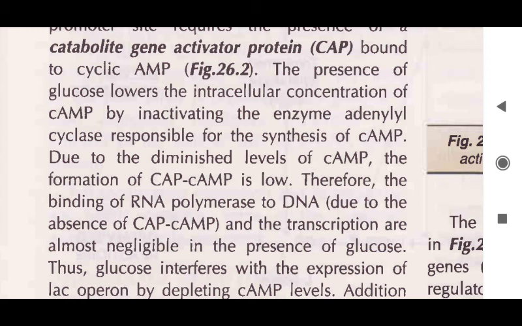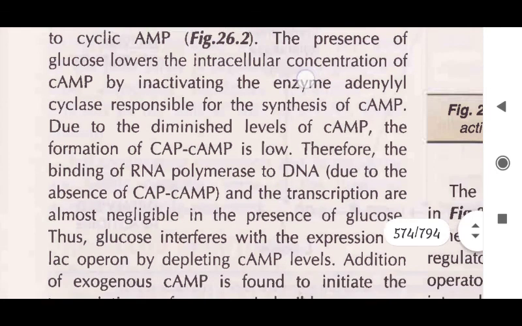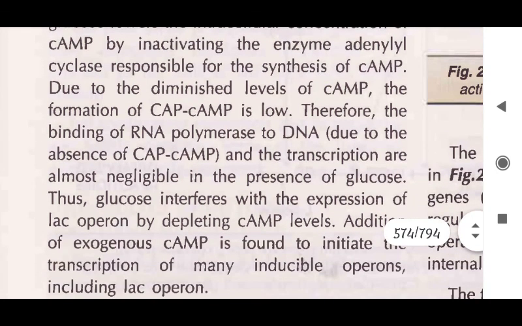Now, with a diminished level of cyclic AMP, formation of the CAP complex is low. Therefore, due to the absence of the CAP complex, binding of RNA polymerase to the DNA and transcription are almost negligible.